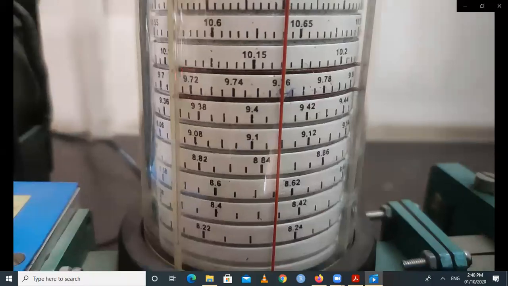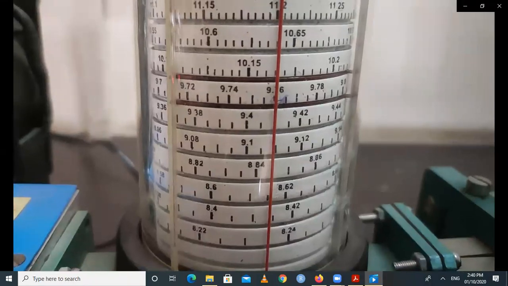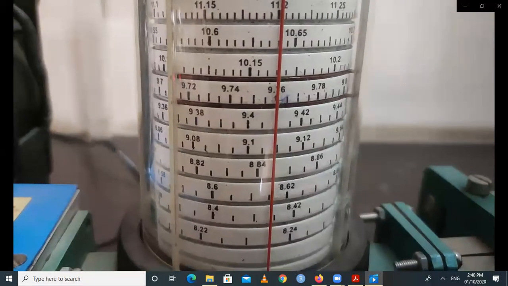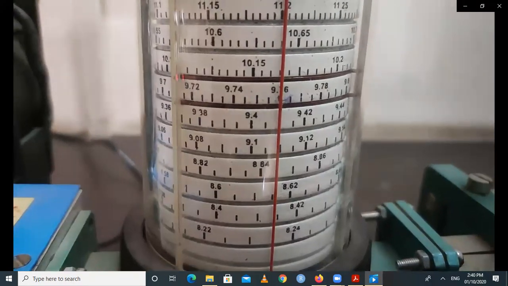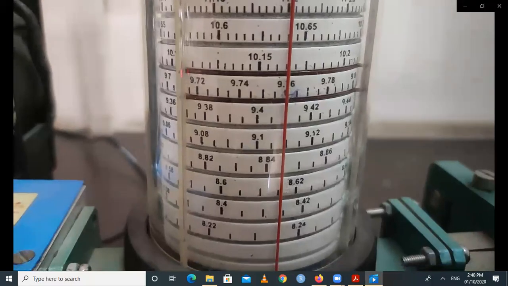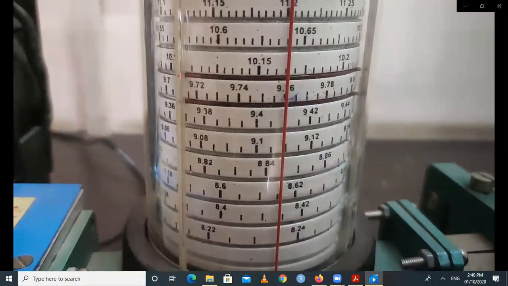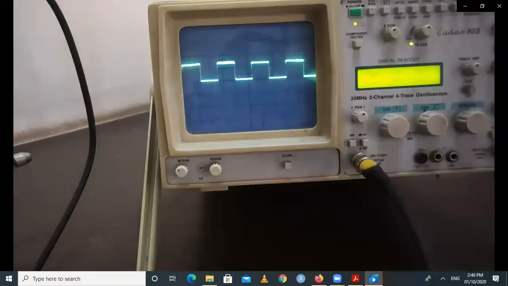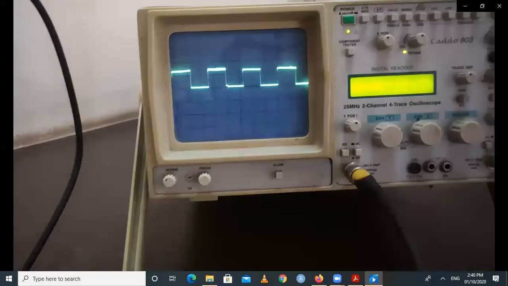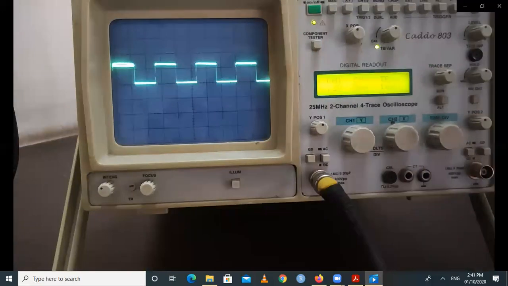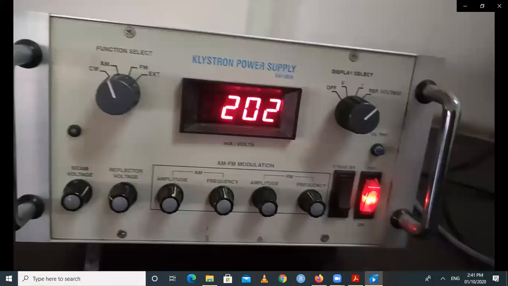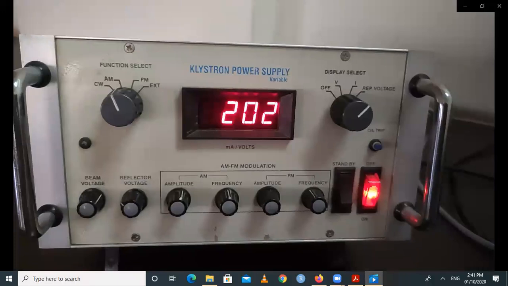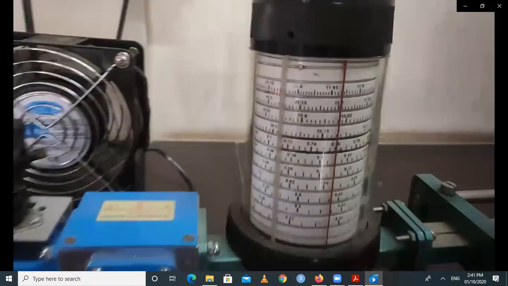The bottom red line reading is exactly 9.76. So you have an output frequency of 9.76 gigahertz. So here you are getting CRO output as 1.4 multiplied by 0.2 volt for channel number 1. Repeller reading is 202 volts, and frequency reading is equal to 9.76.